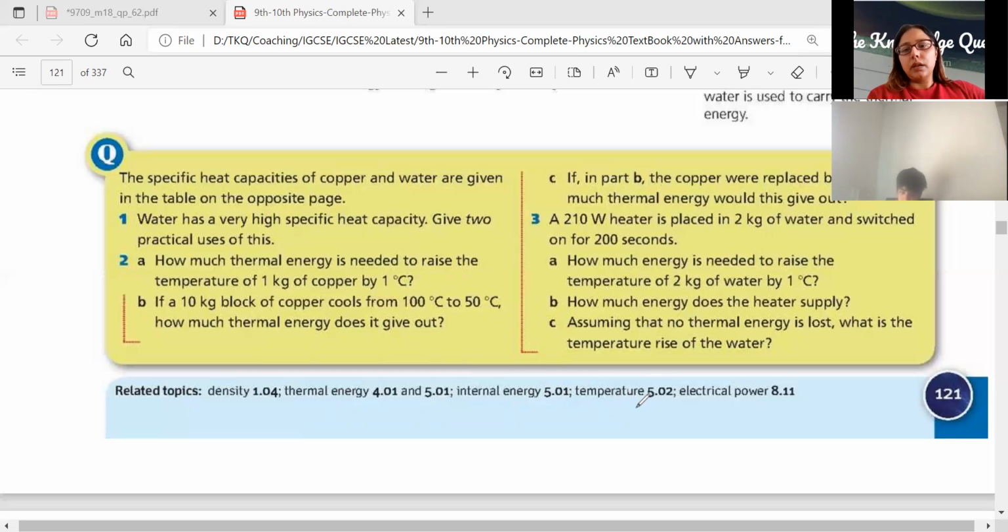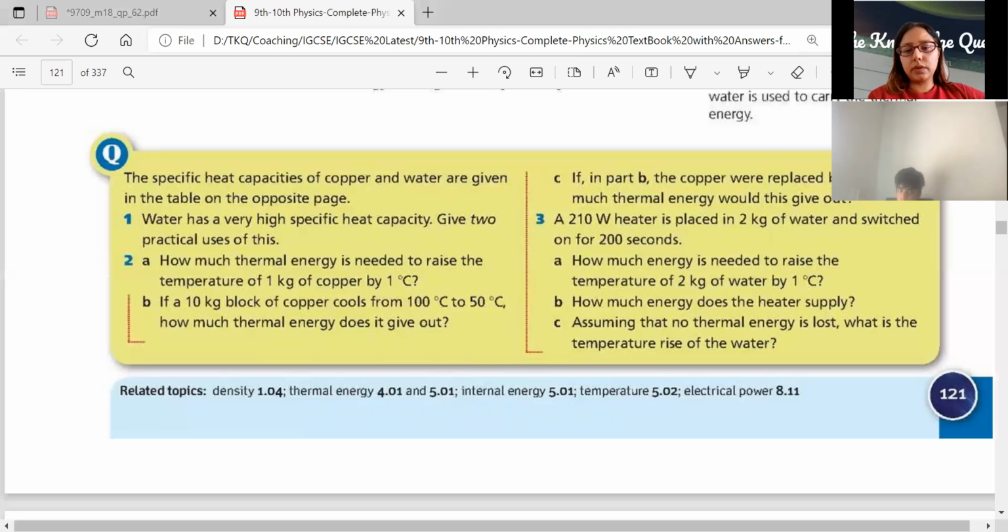So mass 2 kg, into delta T, which is 1, into C, which is 4200. Which is equal to how much in all? 8400 joules. Okay. How much energy does the heater supply?